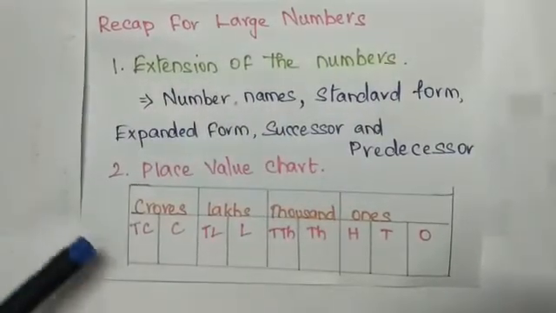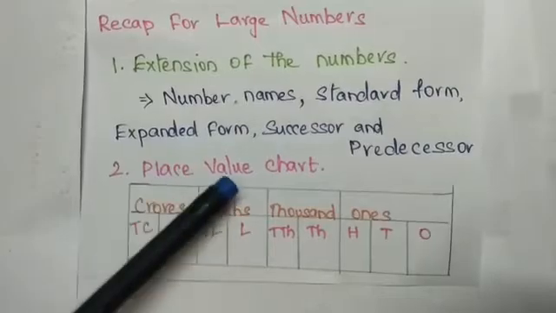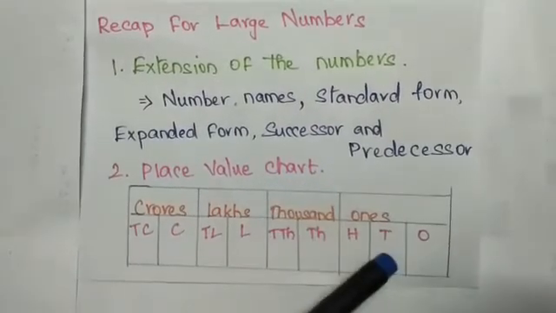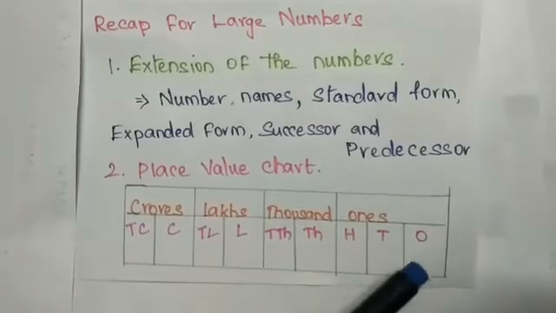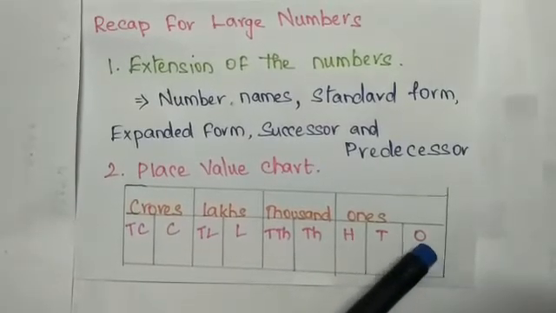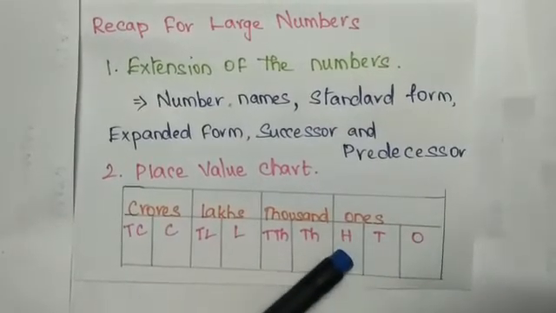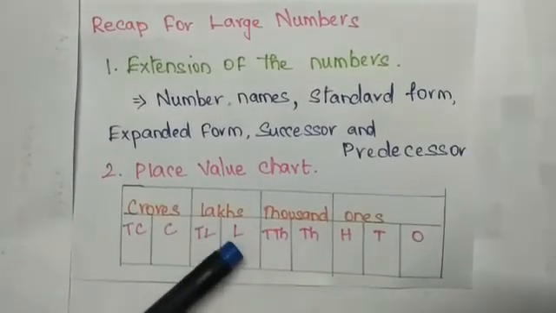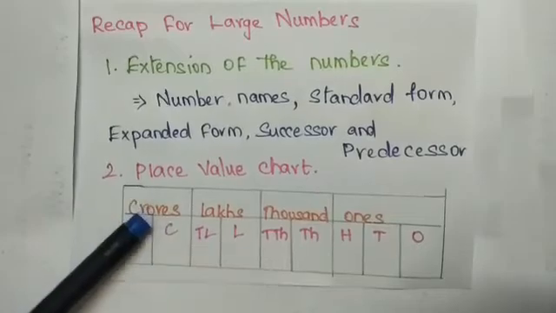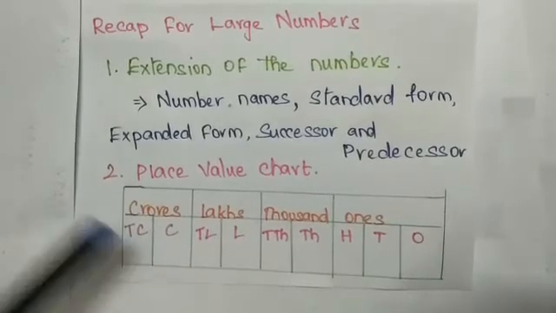Now next in that same topic we have seen a place value chart which has ones, thousands, lakhs and crores. In ones we have 3 places, which are ones, tens, hundreds. In thousands we have thousands and 10,000. In lakhs we have lakh and 10 lakh. In crores we have crore and 10 crore.